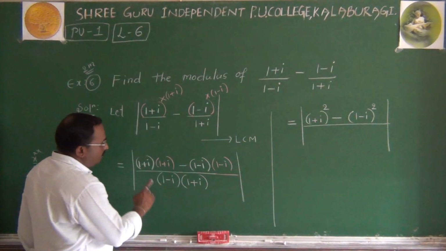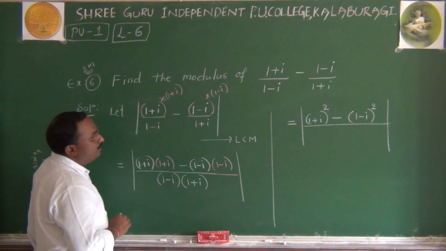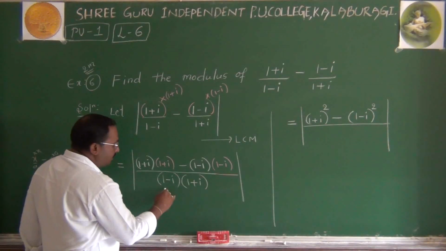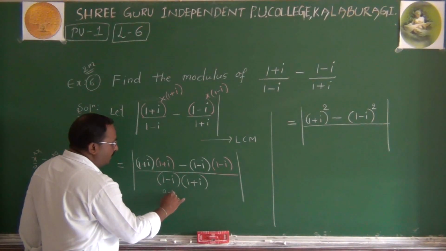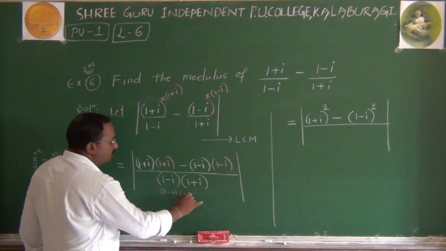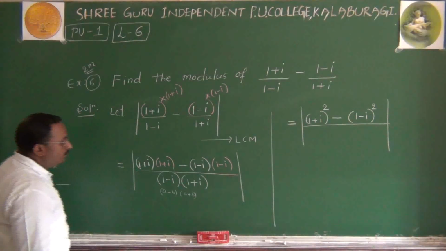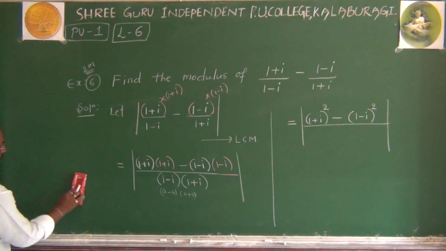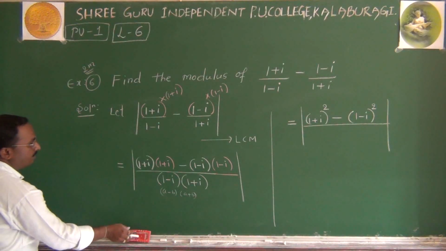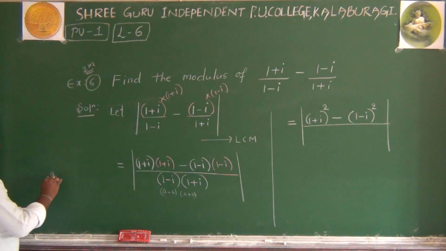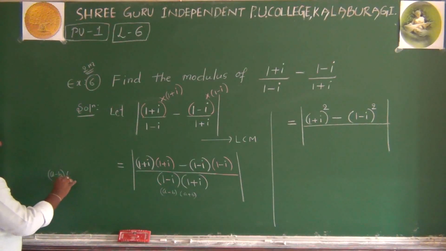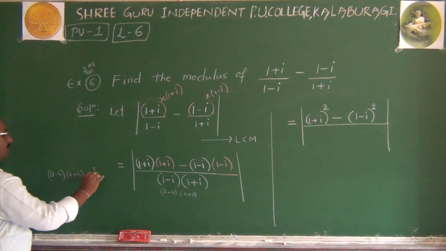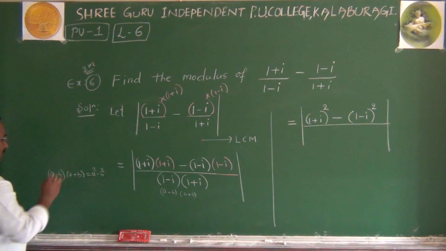Denominator: do you know that this is a minus b times a plus b, which can be expressed as a square minus b square?